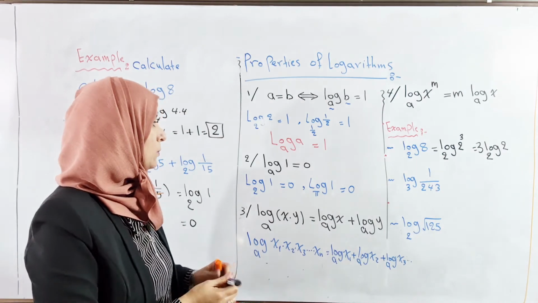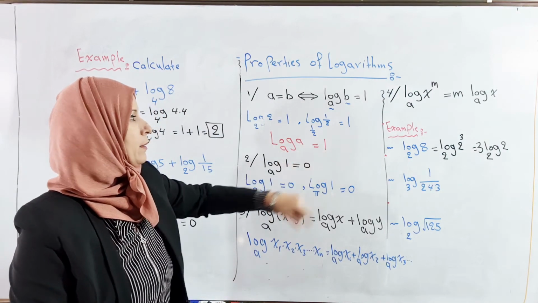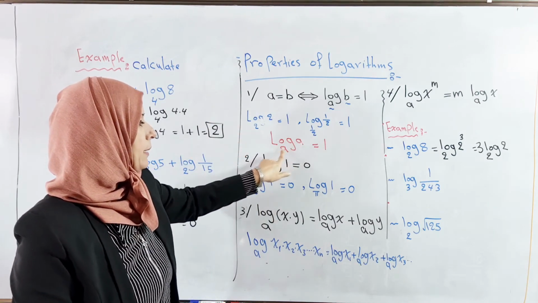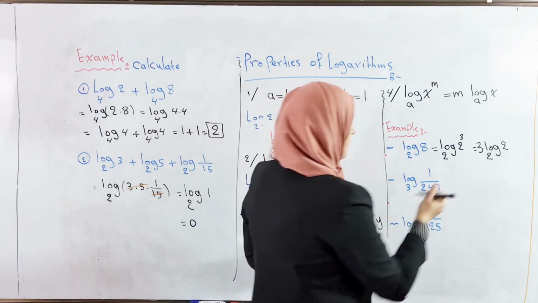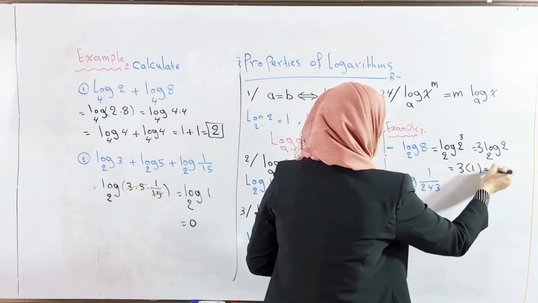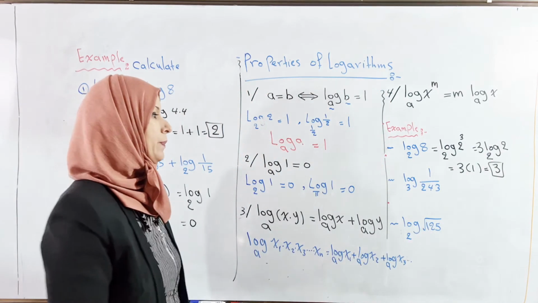Logarithm a for base a is 1, property number 1. So it will be 3 multiplied by 1, which equals 3. The result will be 3.